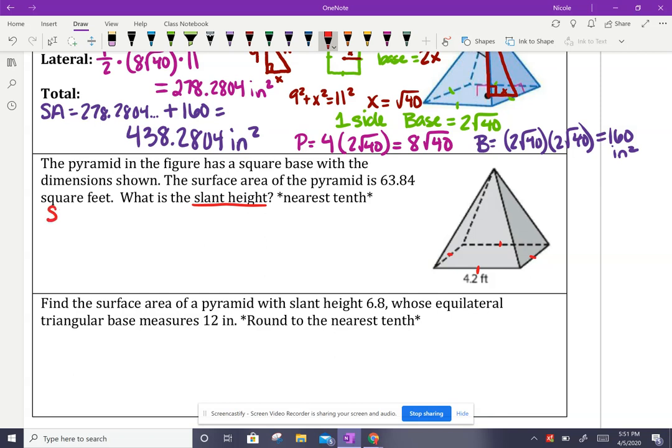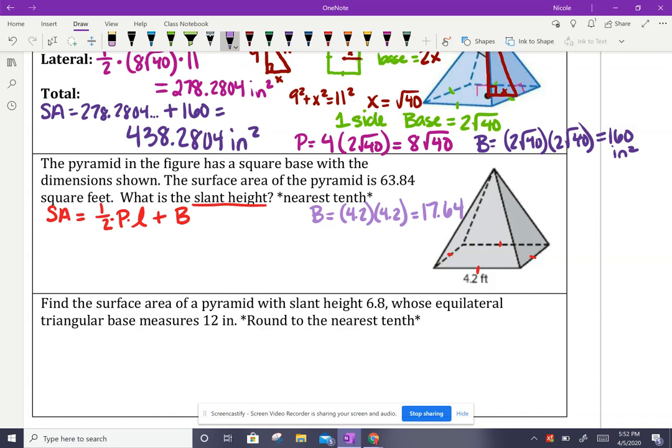I'm going to be saying surface area is equal to lateral, which is 1/2 perimeter times slant height, plus the area of the base. So I need to go through and plug in all of my pieces of information that I have. Since I have a side length of 4.2, my base is equal to 4.2 times 4.2, which is 17.64.